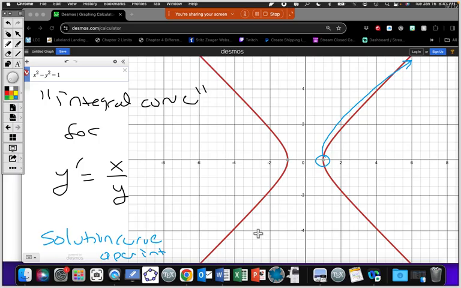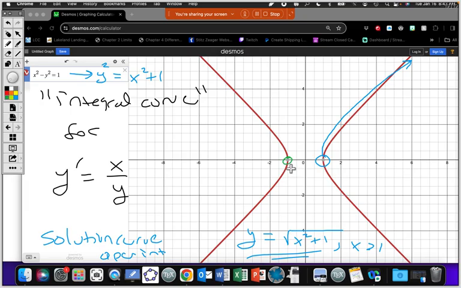But one solution would be y equals the square root of x squared minus 1, for x strictly bigger than 1. That would be the corresponding solution curve.